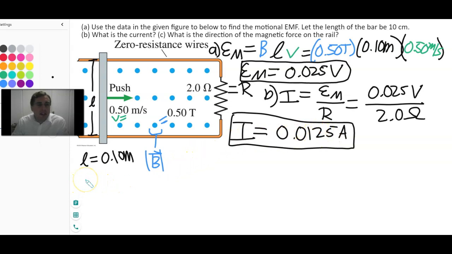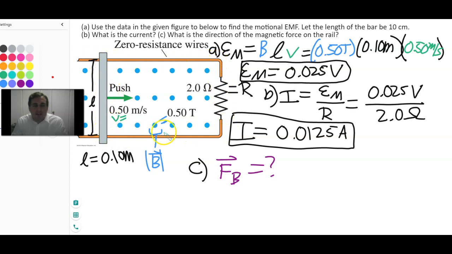And lastly, part C, what is the direction of the magnetic force on the rail? Let's label that in a separate color. So let's first determine the direction of the electric current. The electric current is always going to be in a direction to resist the change in the magnetic flux. Notice the area of this circuit is getting smaller.